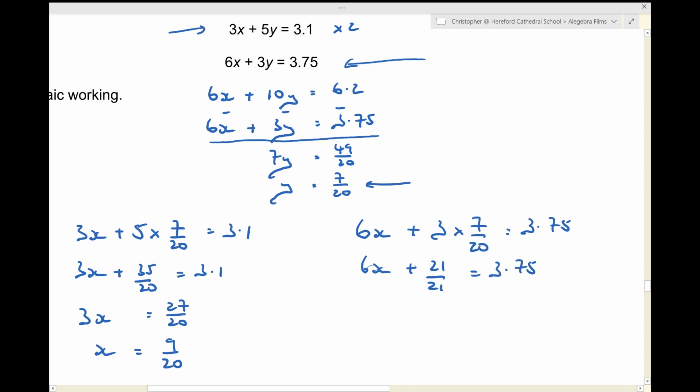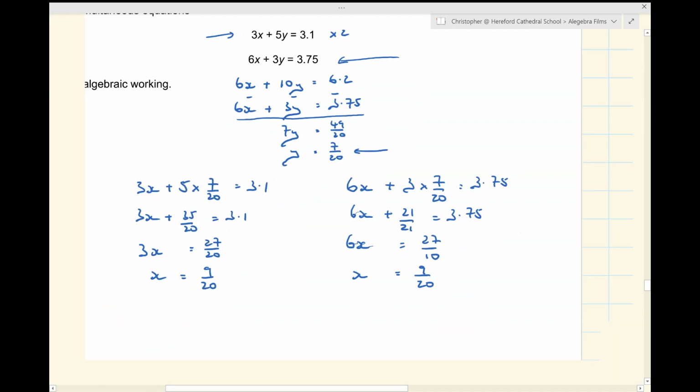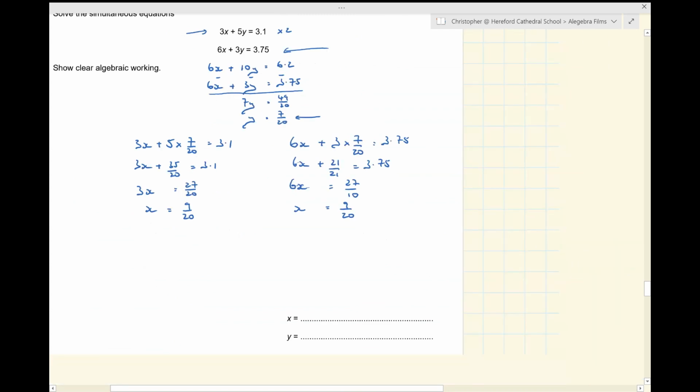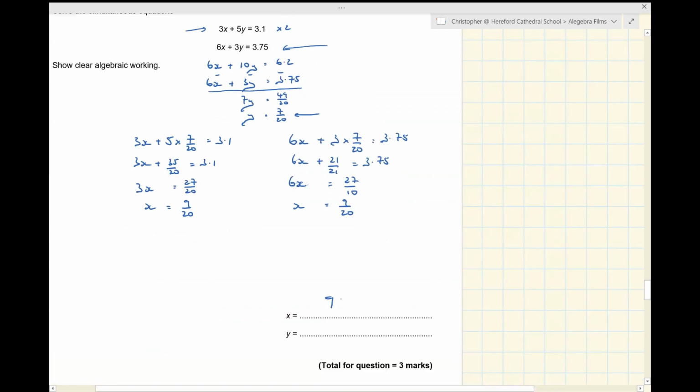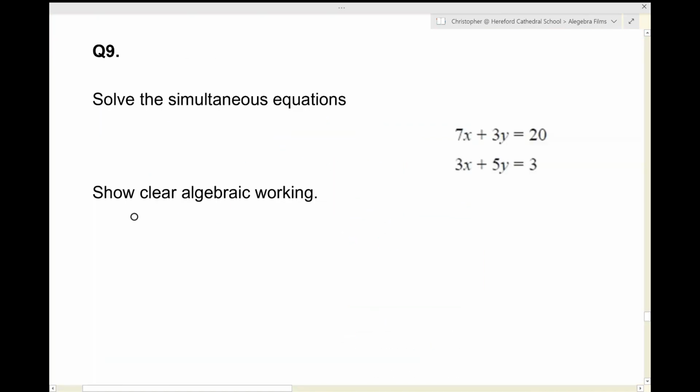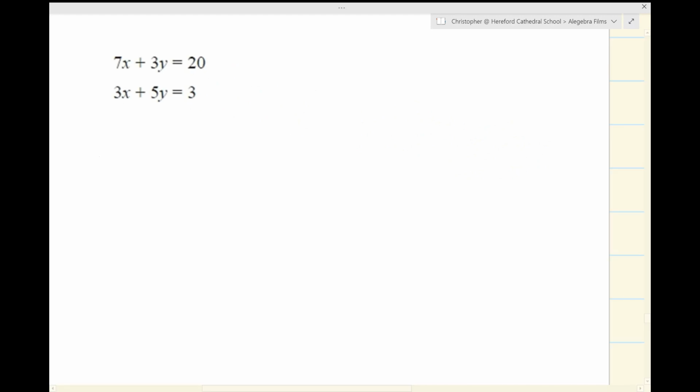Use your calculator. 3.75 minus 21 over 20 gives you 6x equals 27 over 10. Divide by 6. 27 over 10 divided by 6 is 9 over 20, the same x value as I got before. So now I can fill in the answer. x is 9 over 20 and y is 7 over 20.